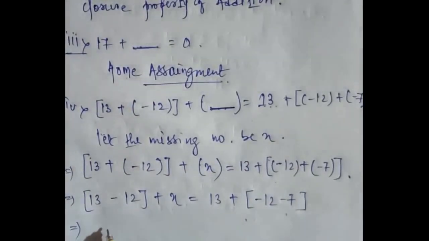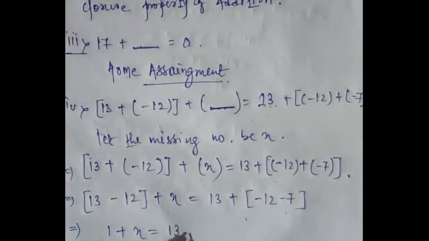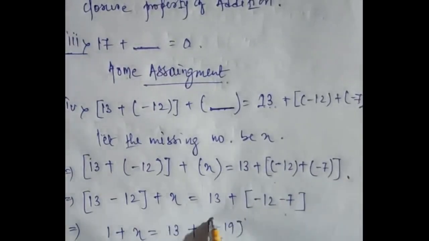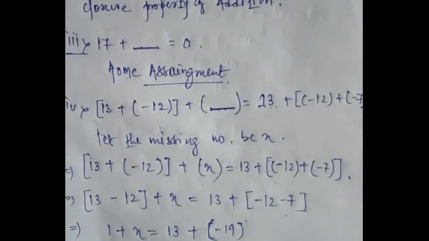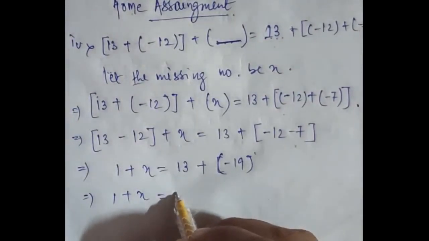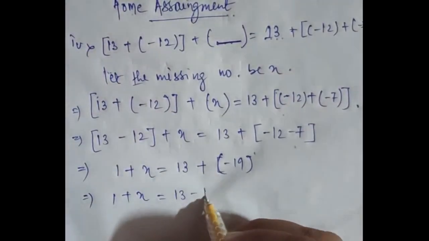13 minus 12 is 1 plus x is equal to 13 plus, here it will be minus 19 still, right? 1 plus x is equal to 13 minus 19.